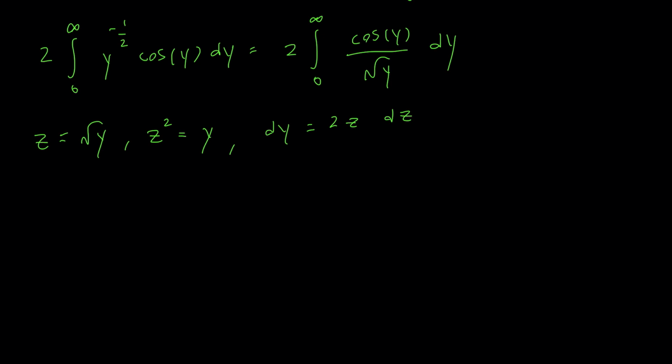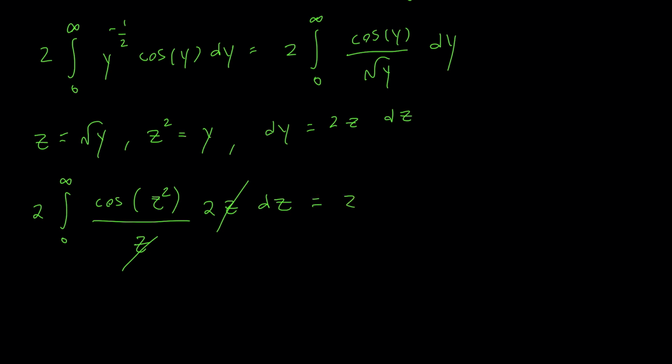So we're going to have twice the integral from 0 to infinity cosine of z squared over z, and dy is 2z dz. But the z's cancel, and we have twice times twice the integral from 0 to infinity of the cosine of z squared dz.